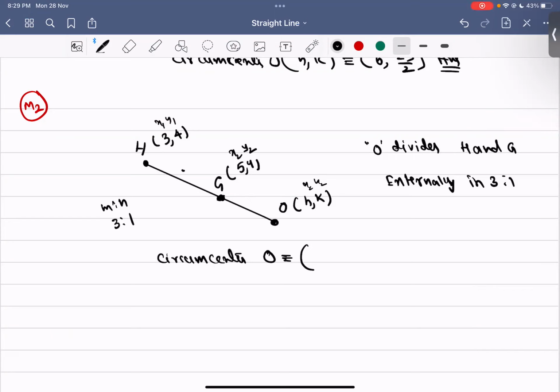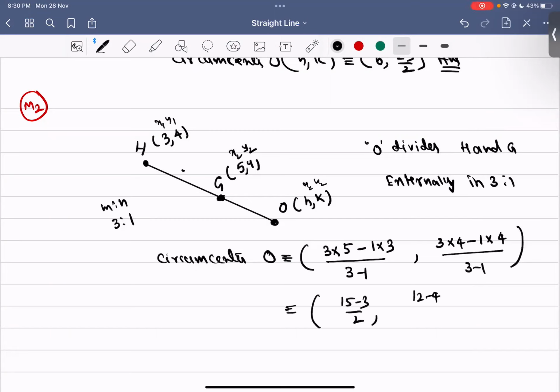So directly (mx2 - nx1)/(m - n): mx2 is 3 times 5, minus 1 into x1, which is 3, by m - n, that is 3 - 1. Next, my2, y2 is 9, so 3 times 9 is 27, minus ny1, y1 is 4, by m - n. Directly we get the answer. That is (15 - 3)/2 and (27 - 4)/2, so that is 12/2, which is 6.